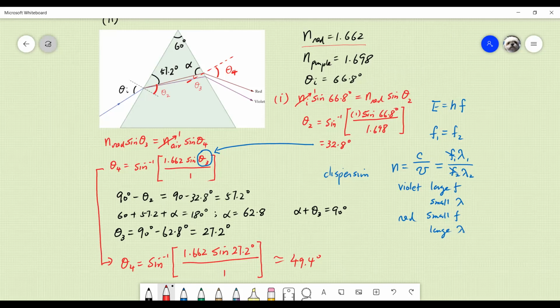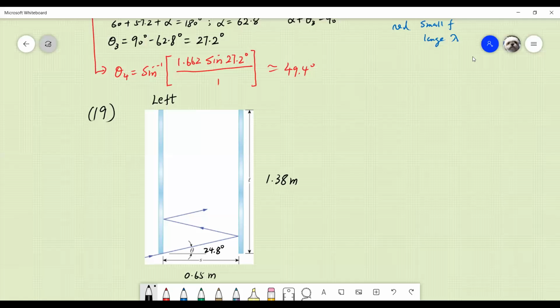Now, the way you do this problem, you need to find this length. Let me draw that again. You need to find this length.